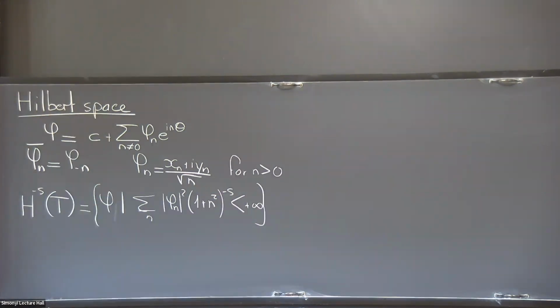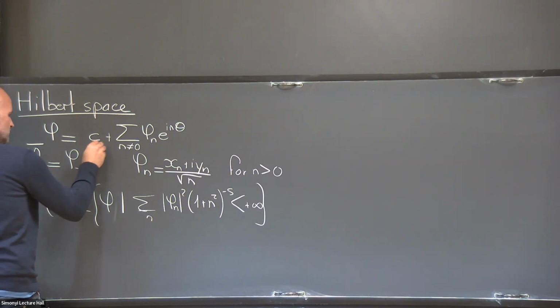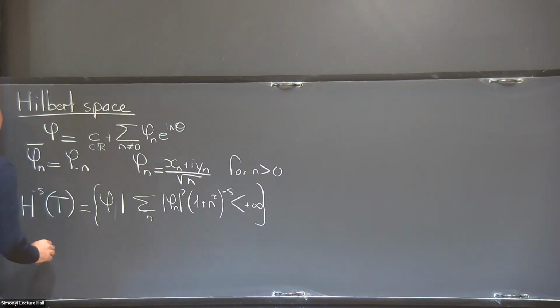Okay, and then I want to equip this space with a measure. So here on the zero mode, so this guy lives in the real line, I will define a measure that I will call μ.